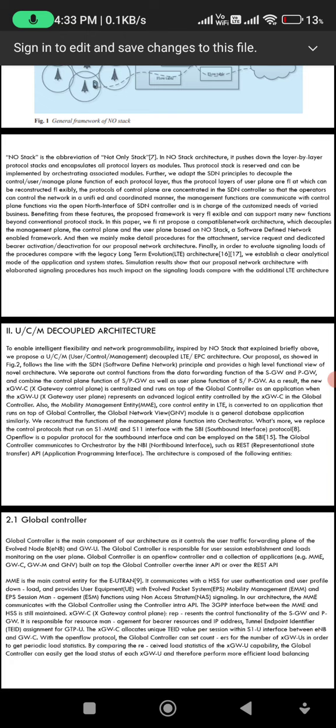Benefiting from these features, the proposed framework is very flexible and can support many new functions beyond the conventional protocol stack.